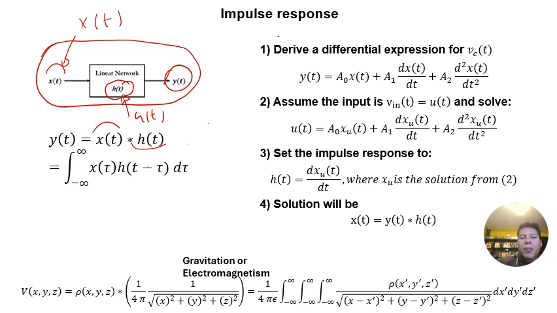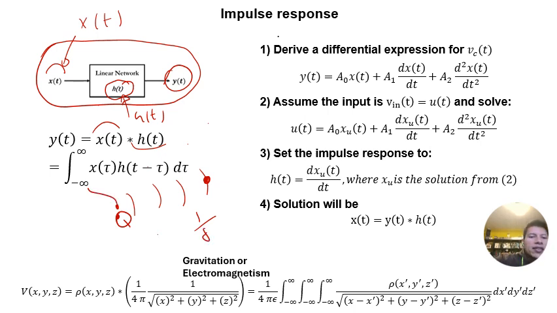So if you remember from your physics classes, if I have a charge Q and I want to find the amount of voltage due to that charge, I would usually have to do 1 over the distance.